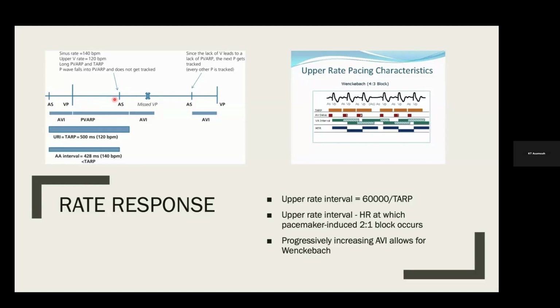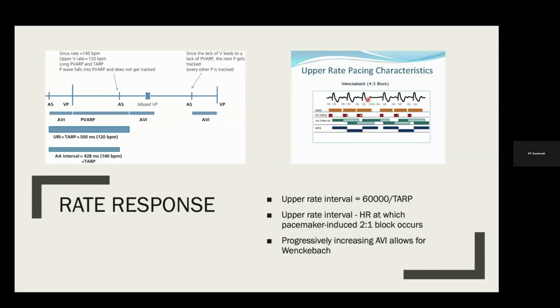So a way of going about this is by inducing a pacemaker Wenckebach. And to do that, the pacemaker upper rate is set to be lower than the pacemaker's 2-to-1 rate. And when this happens, then it causes a more gradual change in the heart's rate. And we know that Wenckebach compared to the 2-to-1 AV block is much more favorable.